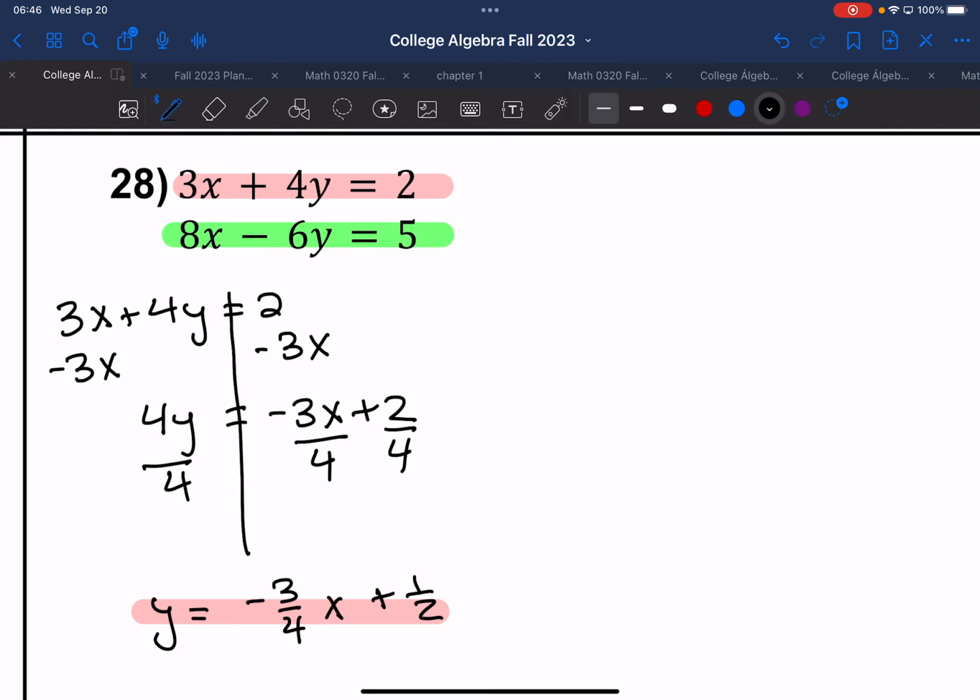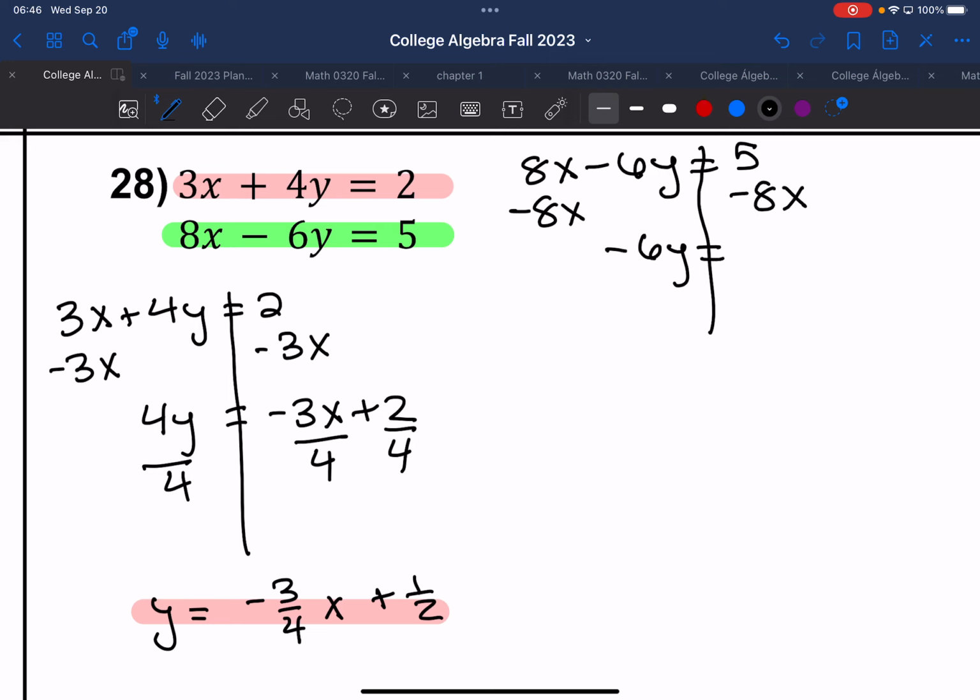Okay, same with our second equation. We have 8x minus 6y is equal to 5. What's our first step? Subtract 8x. So I have negative 6y is equal to negative 8x plus 5. Next step. Divide every term by negative 6 because we want y to be by itself.